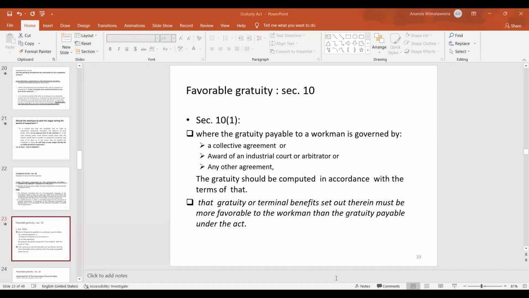Where the gratuity is favorable to a workman.